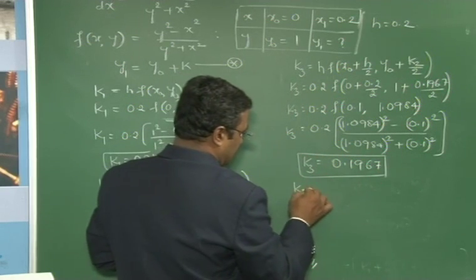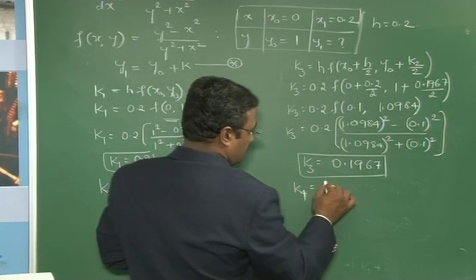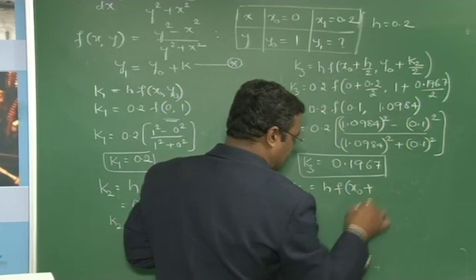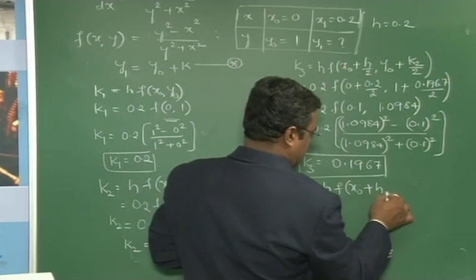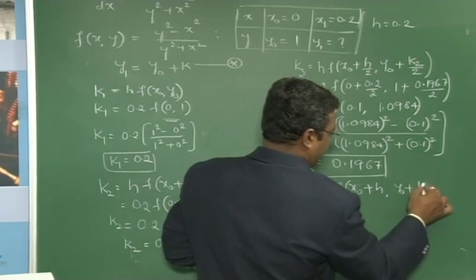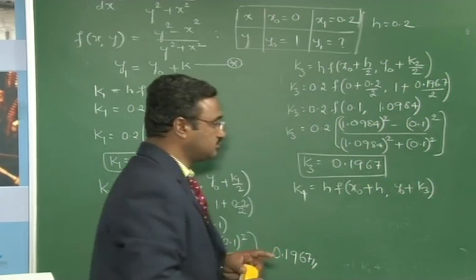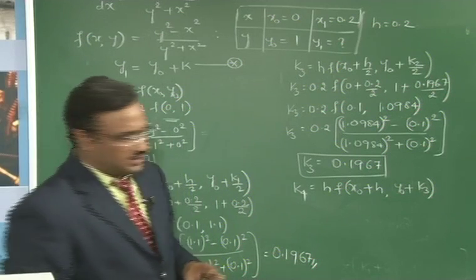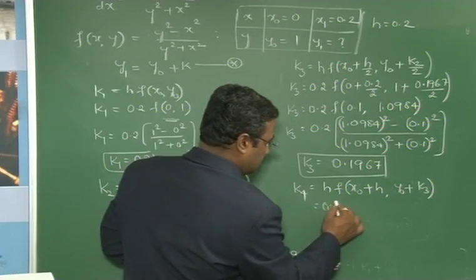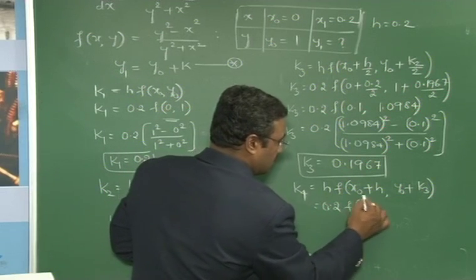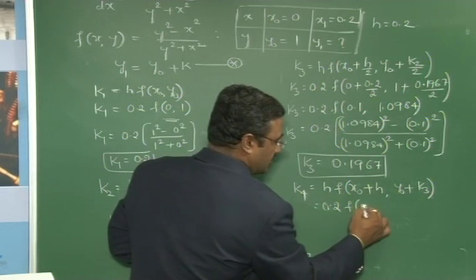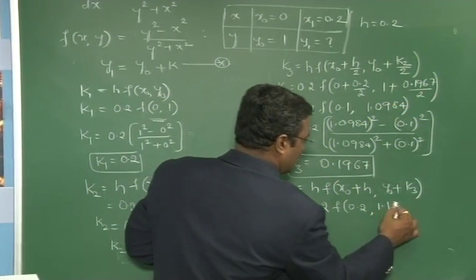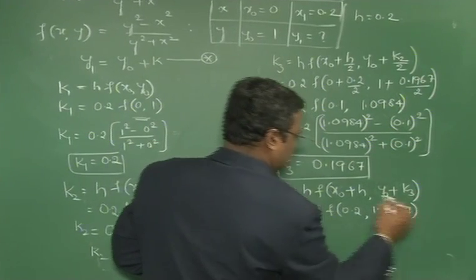Then you have to find the value of k4. k4 is h times f(x0 + h, y0 + k3). Again, as usual, I substitute all these corresponding values. We get here 0.2 times f(0 + h, which is 0.2, comma y0, which is 1 plus 0.1967, that is 1.1967).